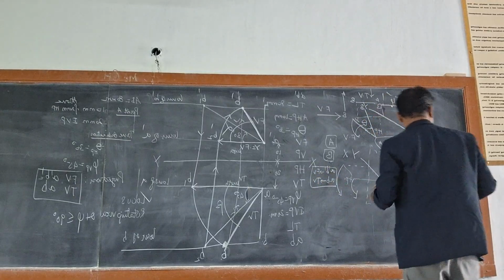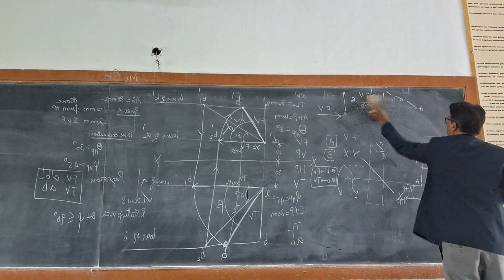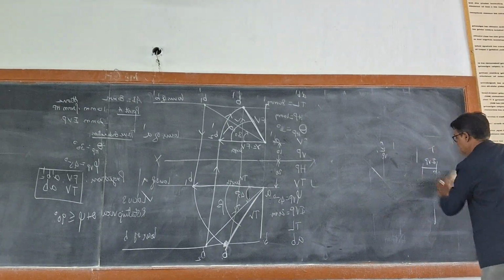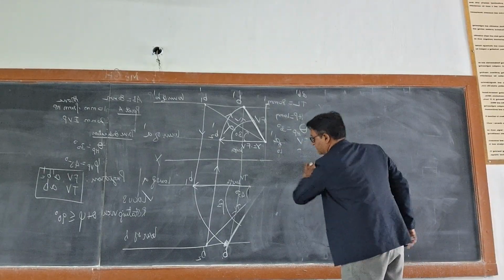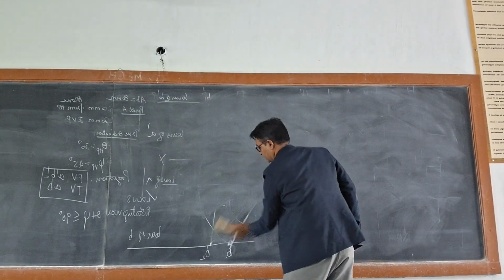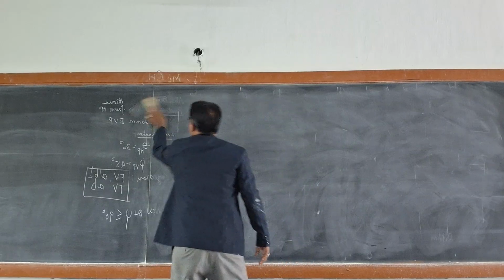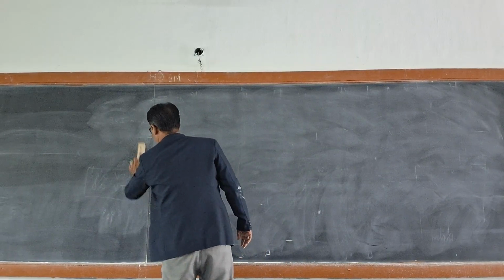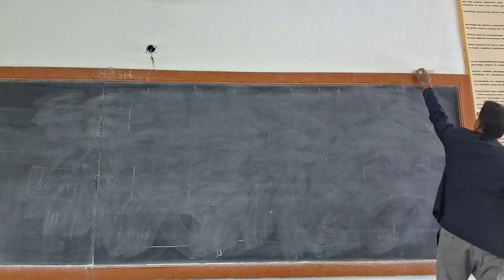So let us look into another problem where you will understand how that reordering happens. Because we cannot use PowerPoint presentations for drawings, you need to use the board. So that will be the correct method, I suppose.